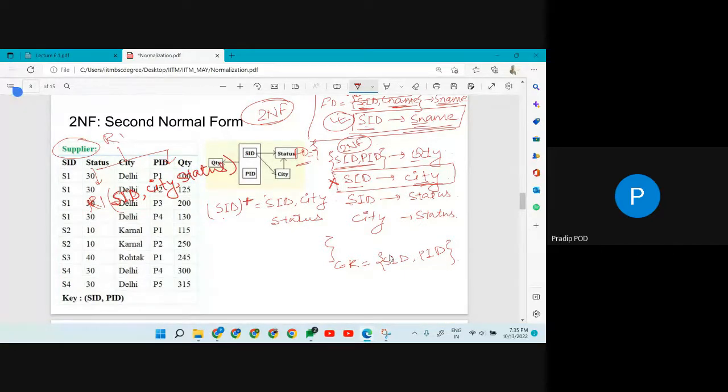And you also have to write all the associated functional dependencies along with it.